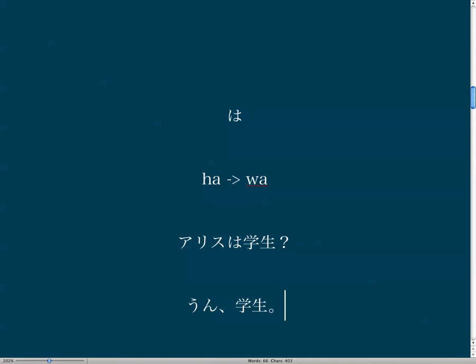Yeah, I am. Here, the first person is indicating that his question is about Alice. Notice that once the topic is established, Alice does not have to repeat the topic to answer the question about herself. So, more examples.